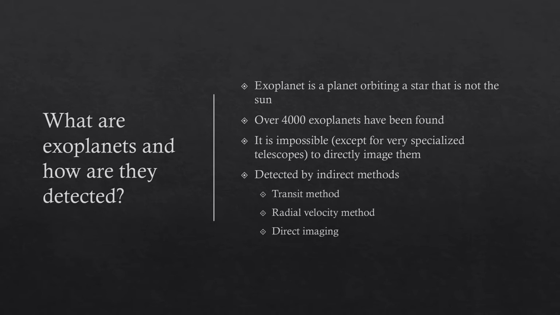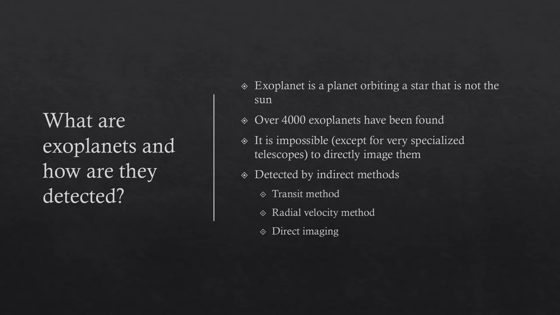So the rest of us have to rely on indirect methods of finding these planets. The method I chose to use, that I consider the easiest, and I say that with some serious air quotes because this is by no means easy to do, is called the transit method.